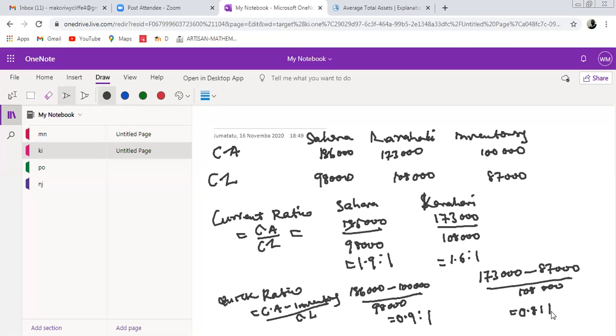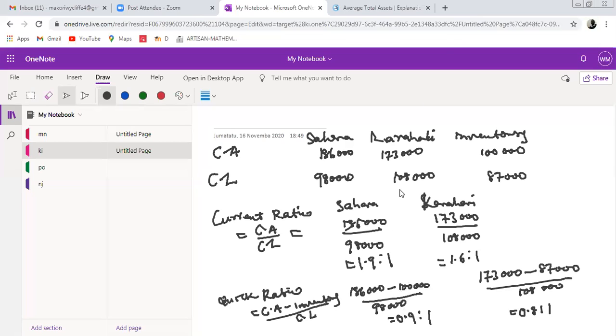So the companies are struggling in one way or another. When we talk about the current ratio, you can see they are doing well. But when we minus stock from the current assets, whatever remains is not enough to pay the liabilities.